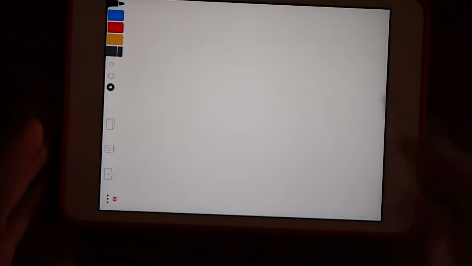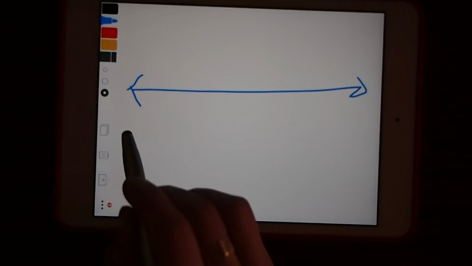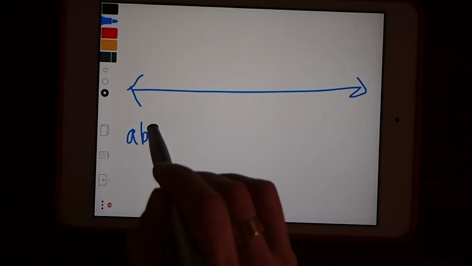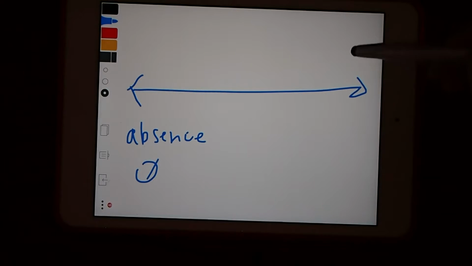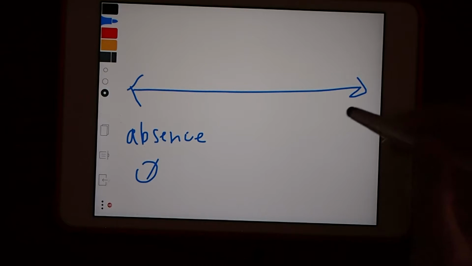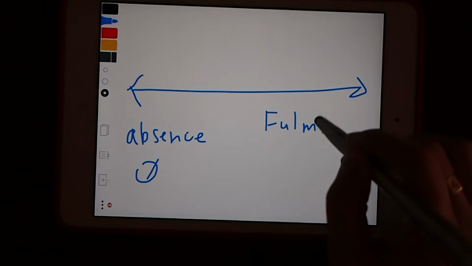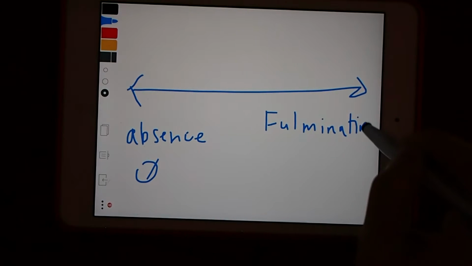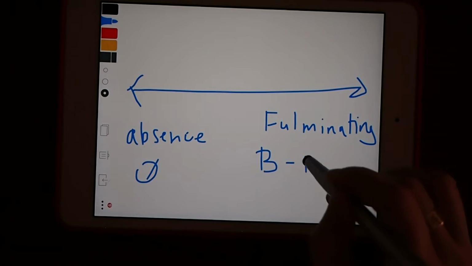And back to some information about symptoms. This is something I meant to mention earlier. There is a full spectrum of symptoms. Some is absence, like we said. Some people have no symptoms at all. While on the far end of the spectrum is something called fulminating hepatitis, which is most common with hepatitis B, although it is rare.